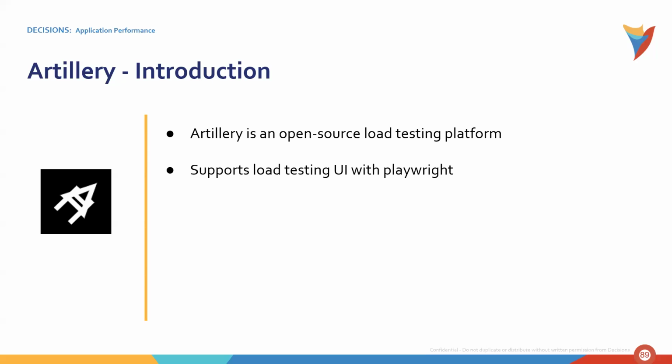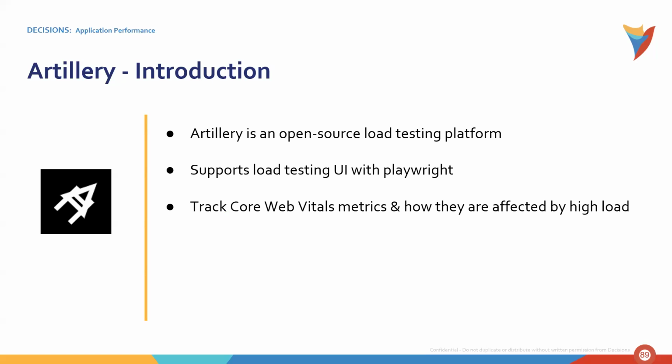Now, Artillery has multiple engines that you can use for different kinds of testing, and it has support for the Playwright engine. And it can track the core web vitals and report those, like how much time it took to load the largest element on screen, or how much time it took when the user is interacting with controls.